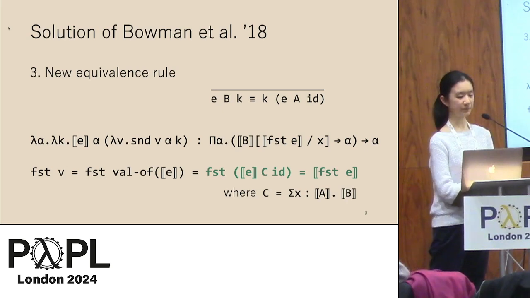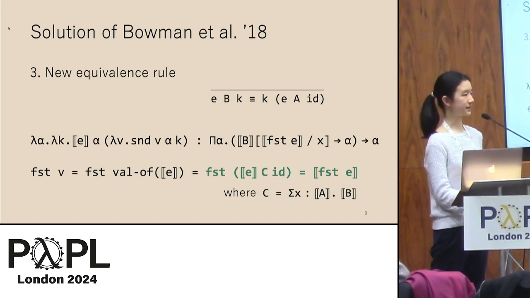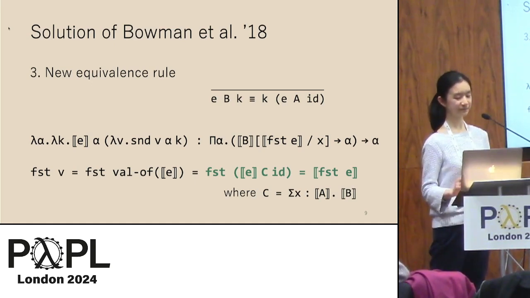Thirdly, we add a new equivalence rule to the target language. This rule says running a CPS term E with a continuation K is equivalent to first running E with the identity continuation and then passing the result to K. This property is sometimes called naturality, and it gives us the last equation here.